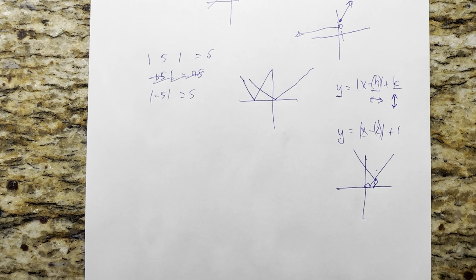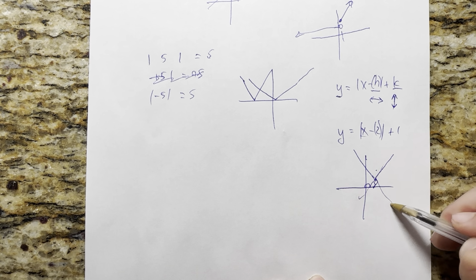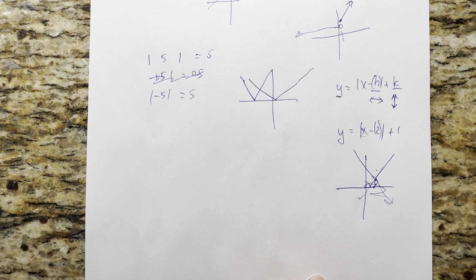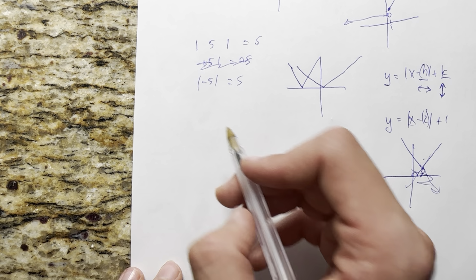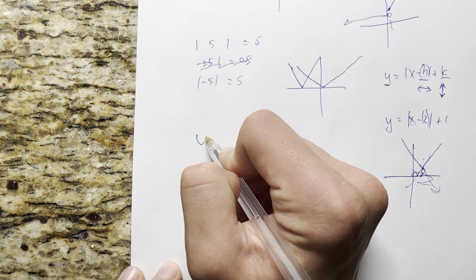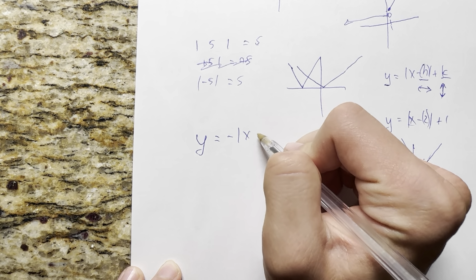Okay, it will not go down like this, no, it will always go up, it will always have a V shape.